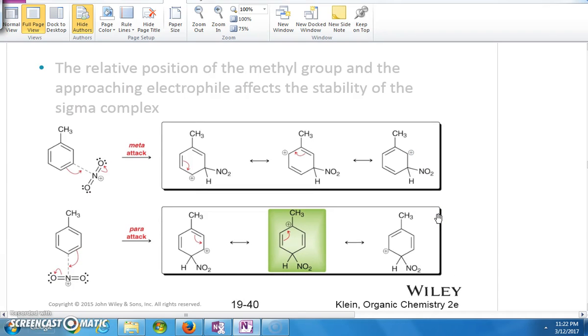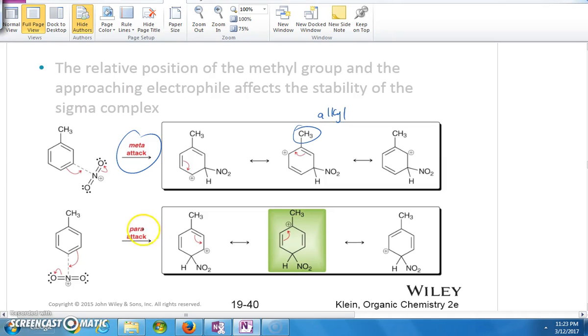But if you look at the meta attack, you notice that the positive charge is never on the carbon that is attached to the electron releasing alkyl group.